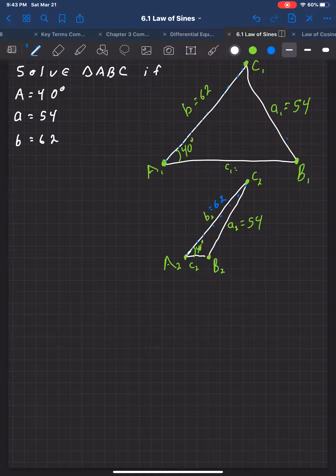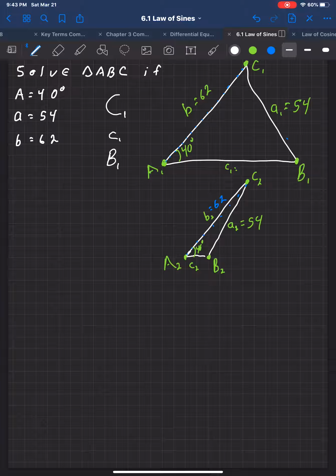So what is it that we want? Well, obviously, for the first triangle, we need angle C, side C, and angle B. Now these will be different for both triangles.